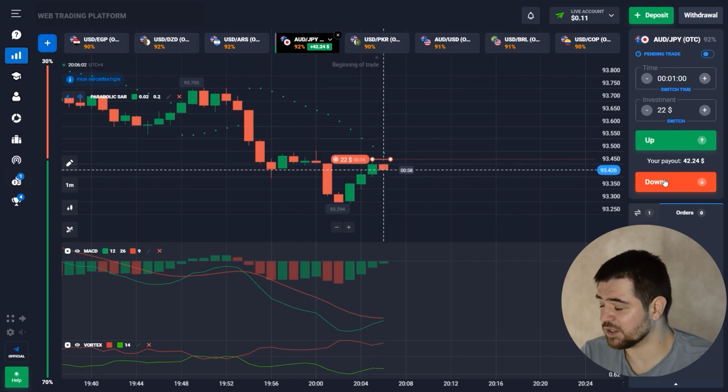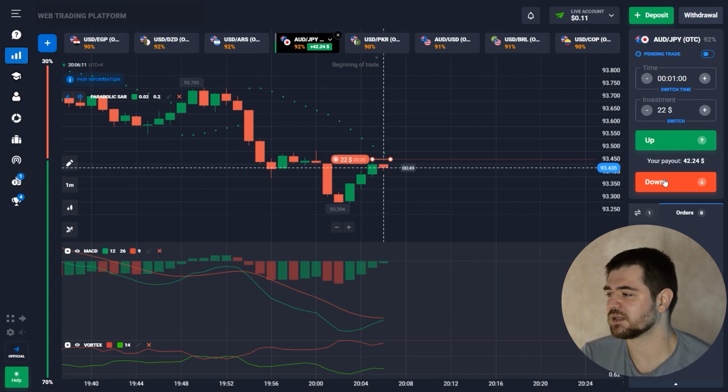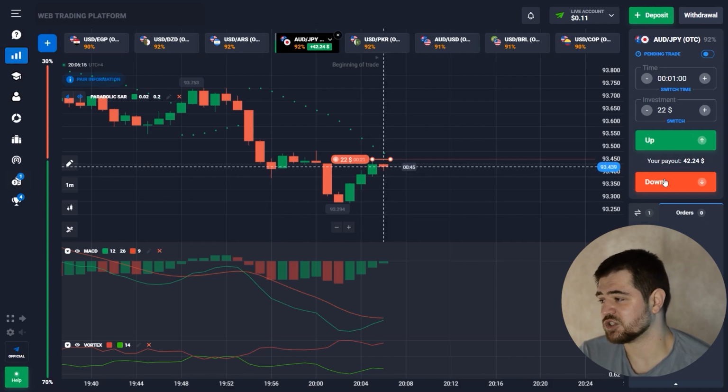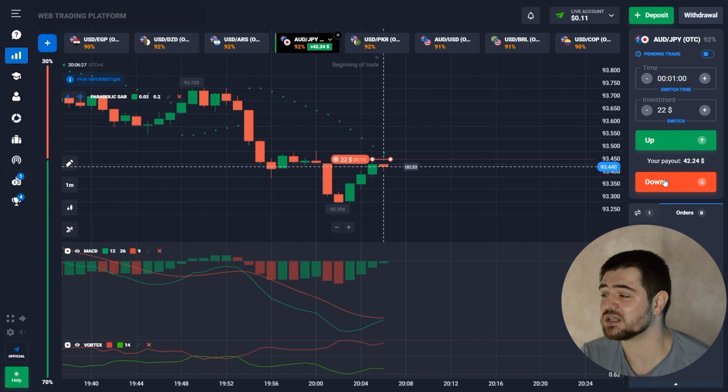So we are gonna bounce off that level, but it's only kind of, let's say, so vortex is showing us a good indication in this case, but MACD, as you can see, is showing that the price will soon start to go up.